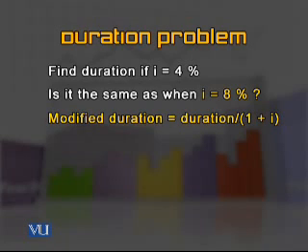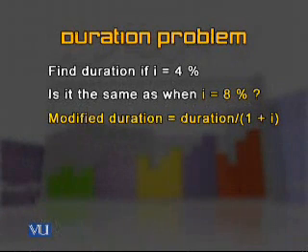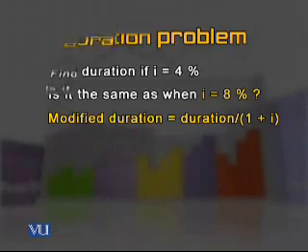We were talking about two terms of 5 years and 4 years with an 8% and a 6% interest rate, and you'll find that modified duration is equal to duration divided by 1 plus i, and remember i is equal to 8%. That's the hint I'm giving you. You'll be able to understand this problem more when you actually do it.